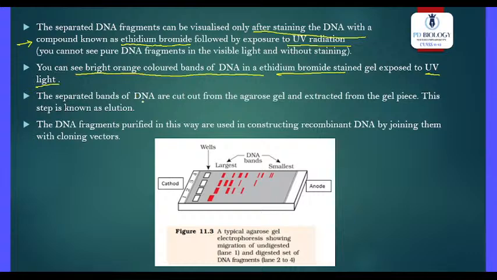The separated bands of DNA are cut off from the agarose gel and extracted from the gel piece. This step is called elution. Very important term. What is elution? Keep it in mind, that's very important.